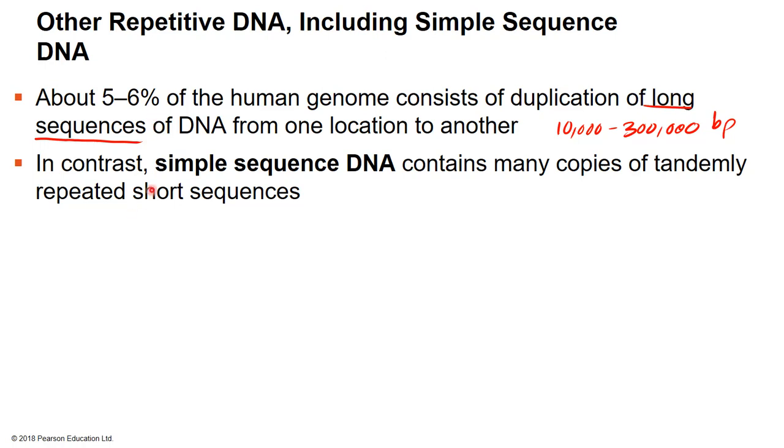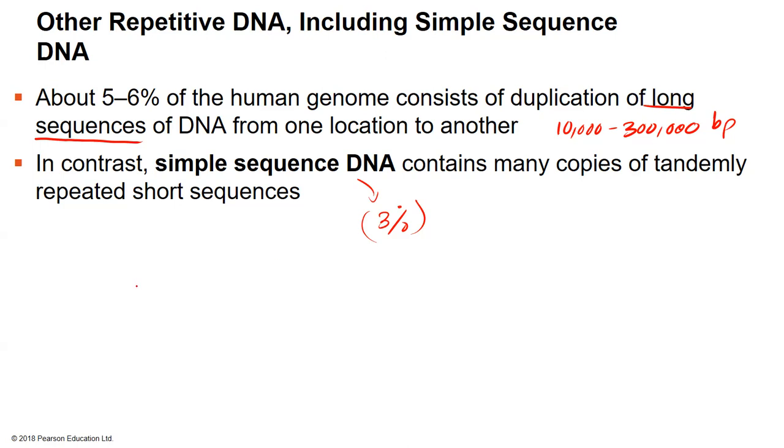The other types of repetitive sequences that are unrelated to transposable elements are simple sequences, which represent 3% of our genome. These simple sequences are simply short sequences that are repeated hundreds or maybe thousands of times, and they are repeated in tandem.